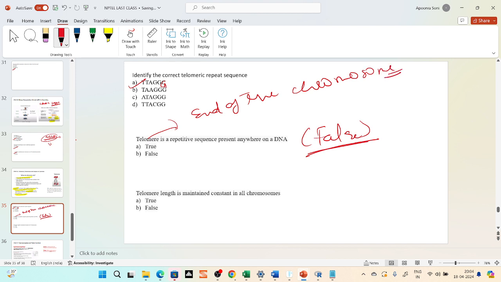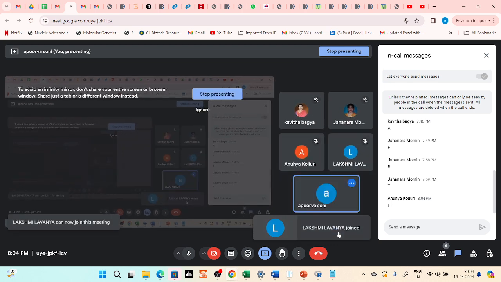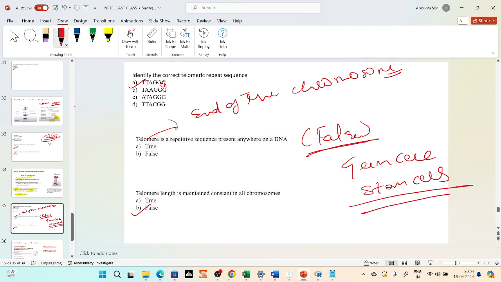Fine. Telomere length is maintained constant in all chromosomes. True or false? Again, false. Why is it false? Because telomere length is not maintained constant. It is maintained constant in germ cells, in some of the stem cells, and in cancerous cells.